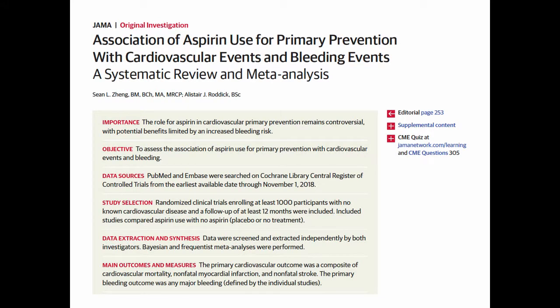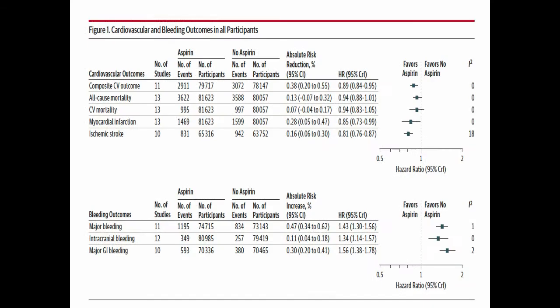several large RCTs were published, and this systematic review came out that included all those RCTs, and here is the table. I love this systematic review because it gives you all the outcomes separately. It reports the composite outcome, which was reported by some of those RCTs, but it also gives you the breakdown of each outcome.